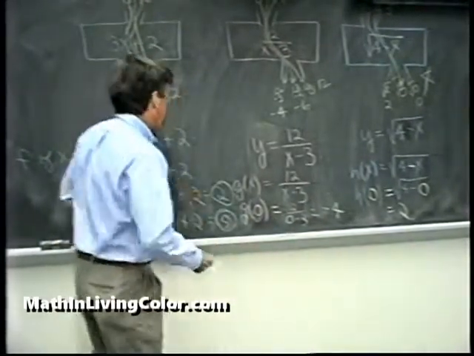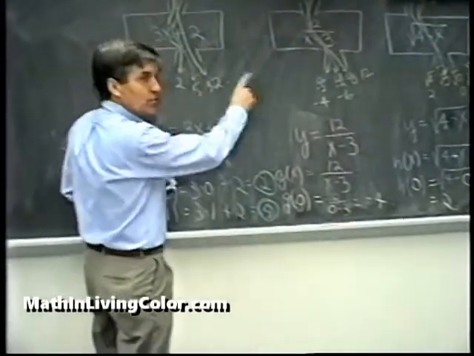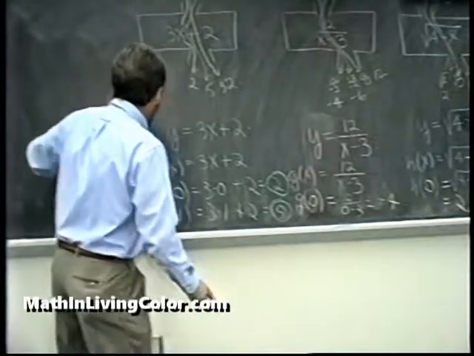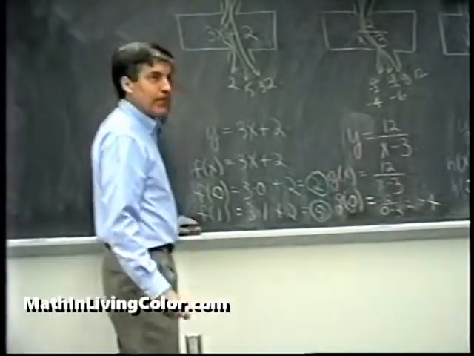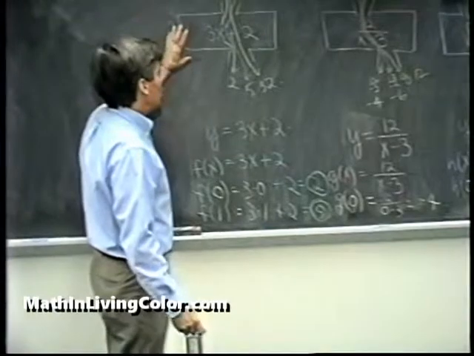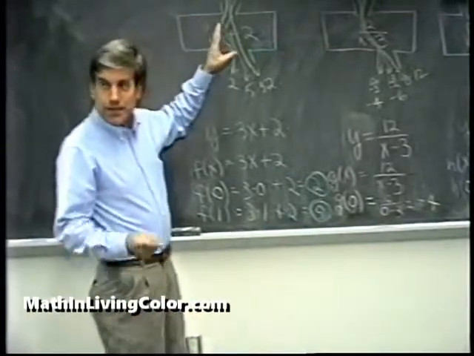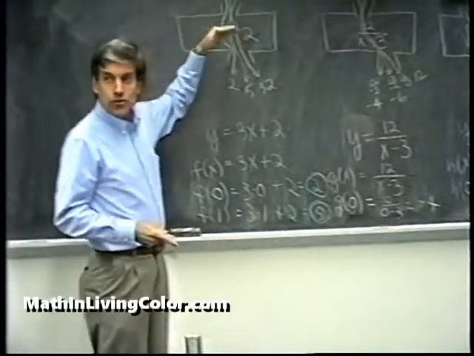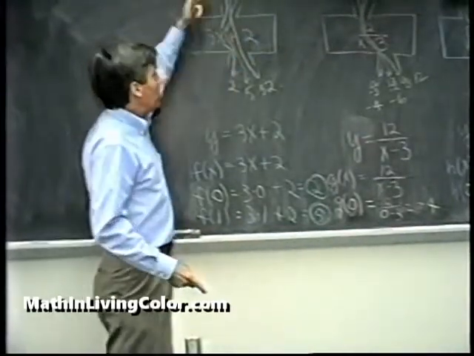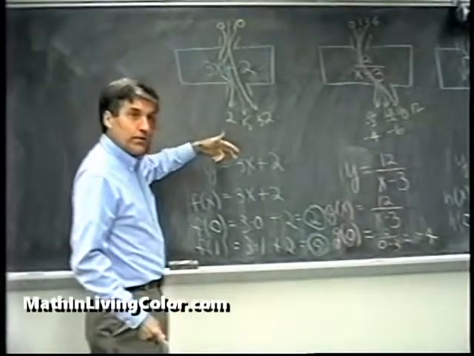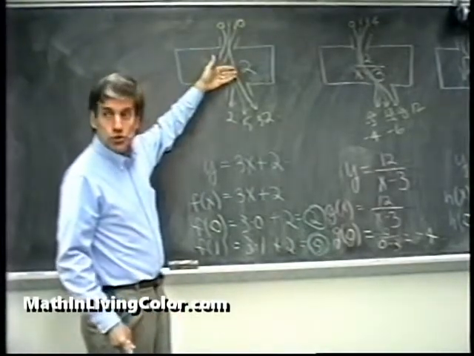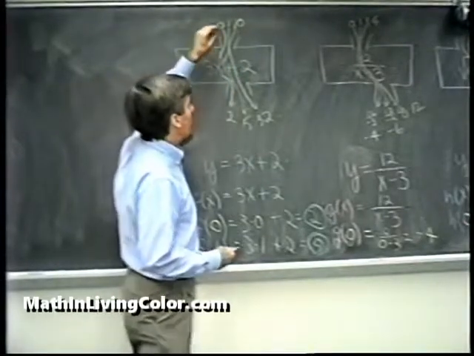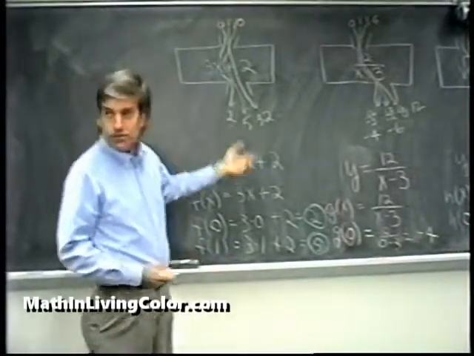Now, before I erase my function machines and go on to the next phase of this explanation, let me mention again, as I did at the beginning of this session, that there are 3 parts of every one of these machines. There's an input, there's an output, and there's a formula or a rule that assigns, if you take a value of x, it assigns a value of y.